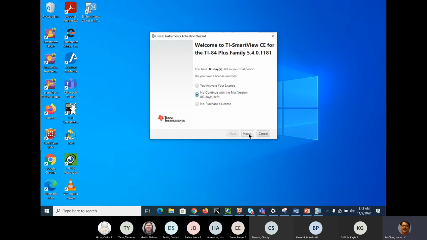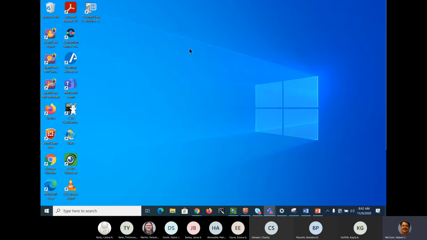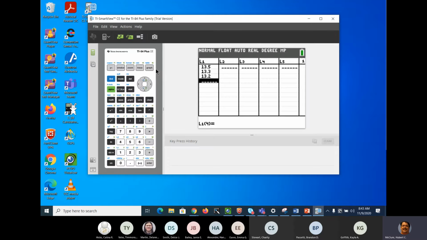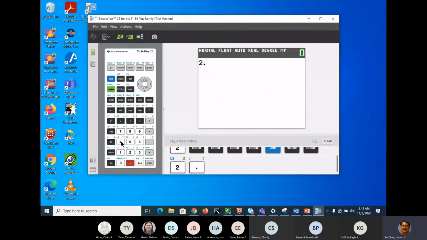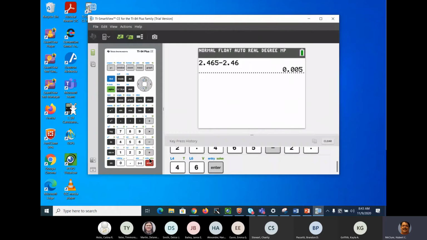I've asked Tri-County to buy this for me because last 3 semesters, I've been using the trial version, and I think Texas Instruments is getting mad at me. So I'm going to hit 2.465. Second quit. Clear. 2.465 minus 2.46 and divided by 0.02.